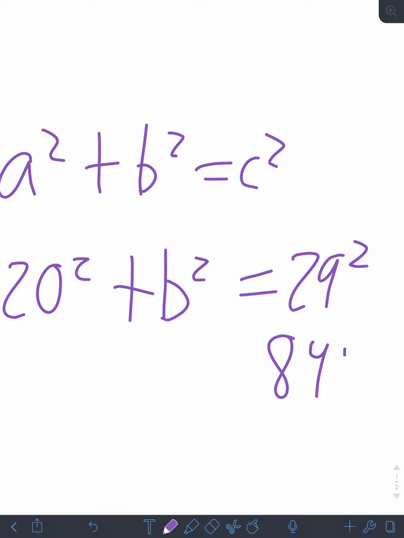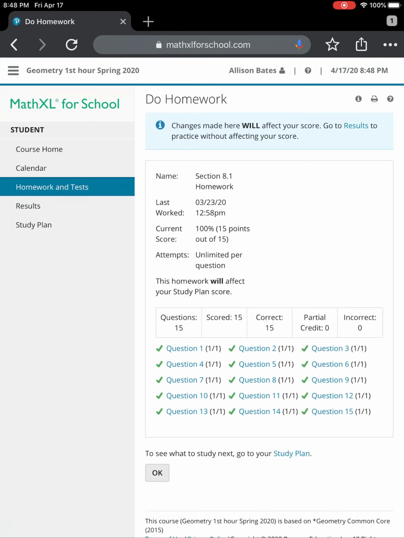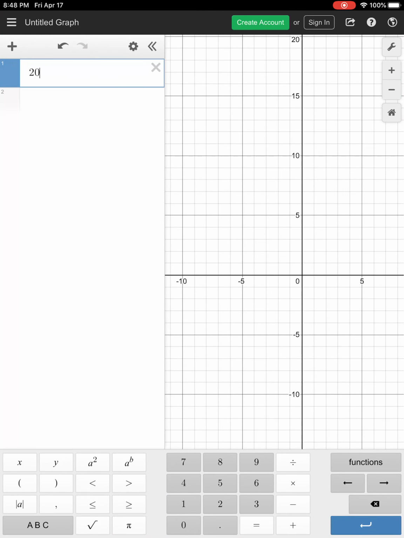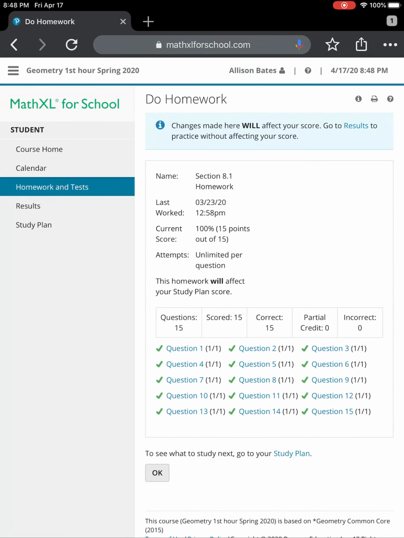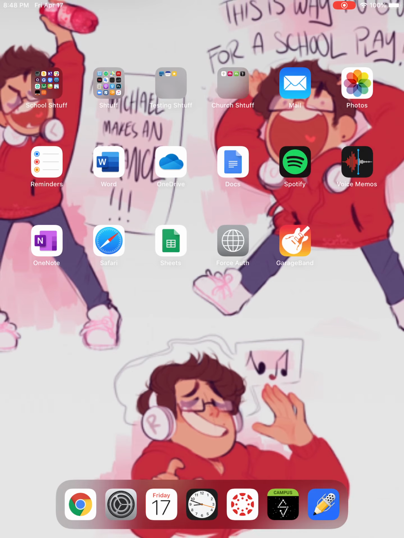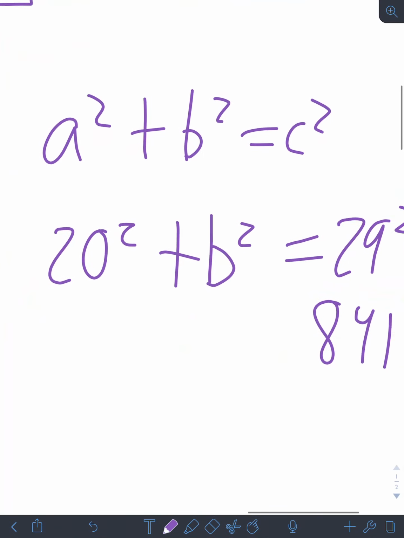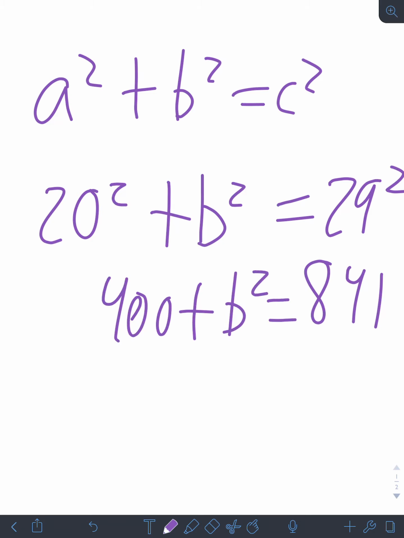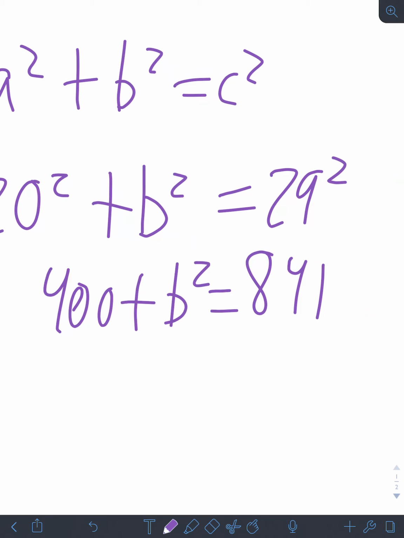841, I remember, but I don't remember what 20 squared was. 20 squared is 400, okay? So 400 plus b squared equals 841.